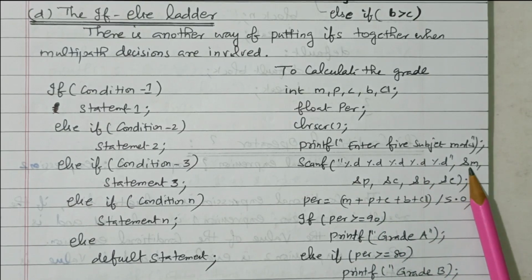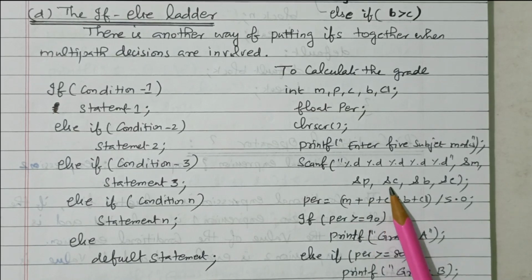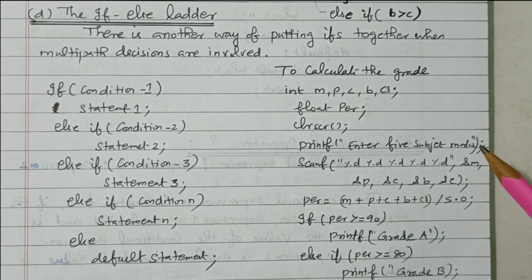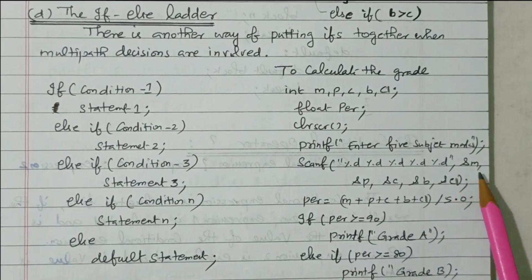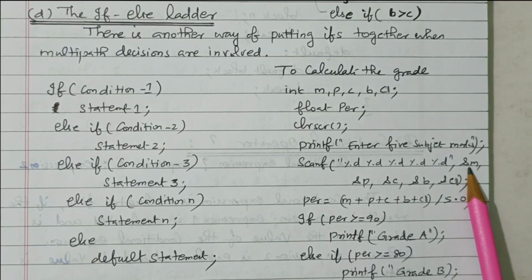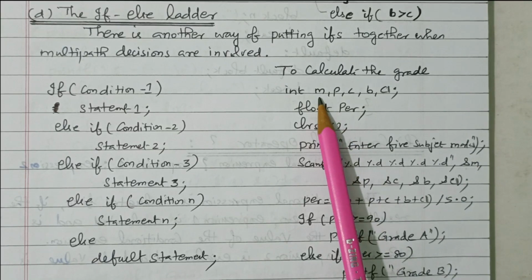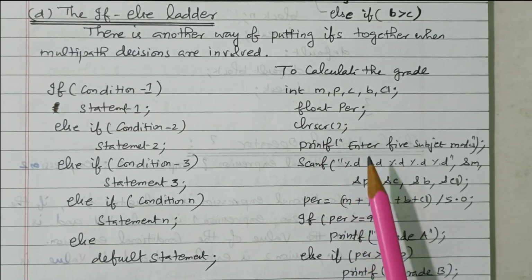And then m for the mathematics mark, p for the physics mark, c for the chemistry mark, b for the biology mark, and C1, that is the computer science mark. This ampersand symbol refers to the address of the variable where the value is going to be stored. So we declared variables for 5 marks and a variable to calculate the percentage.